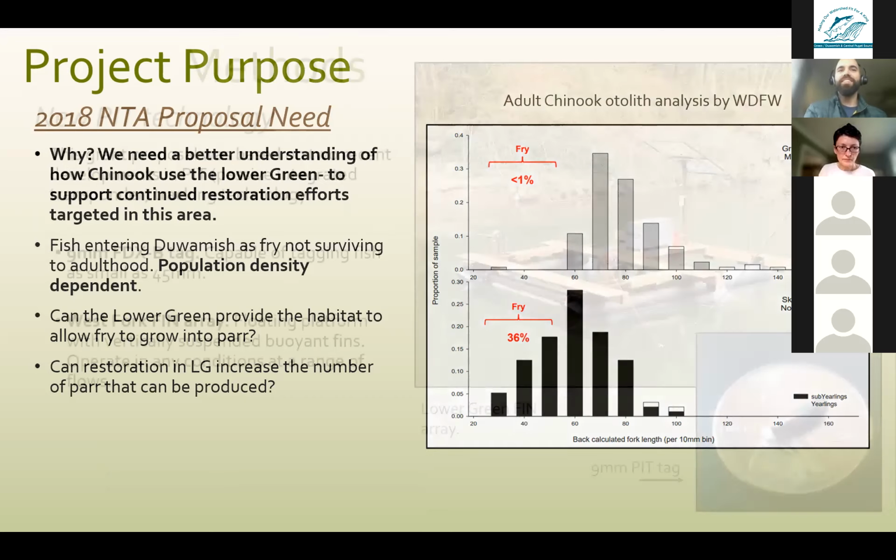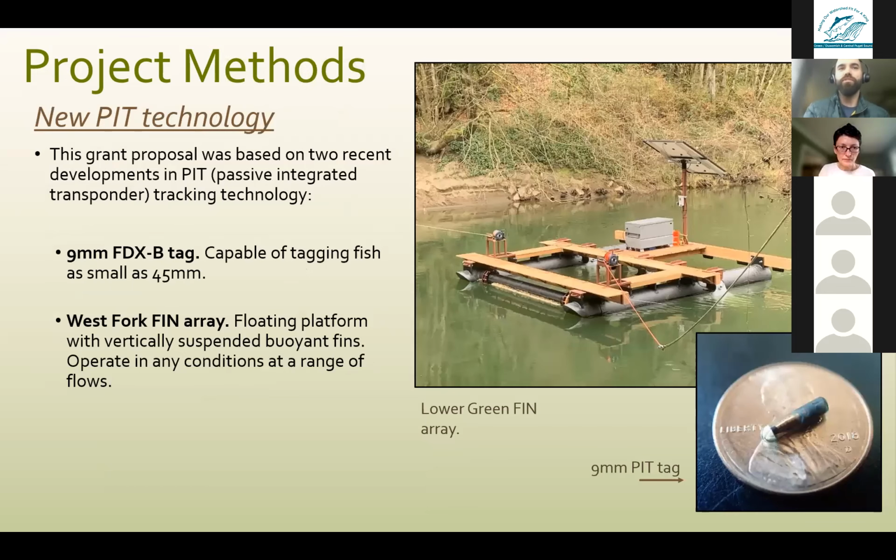So to answer these questions and get at this big problem that we've been trying to solve, there's really two pieces of new technology that we wanted to test out with this project. The first one is new smaller PIT tags. Traditional PIT tags are around 12 millimeters. They've been used in fish as small as about 60 millimeters. For reference, that's a lot of times our cutoff between fry and parr.